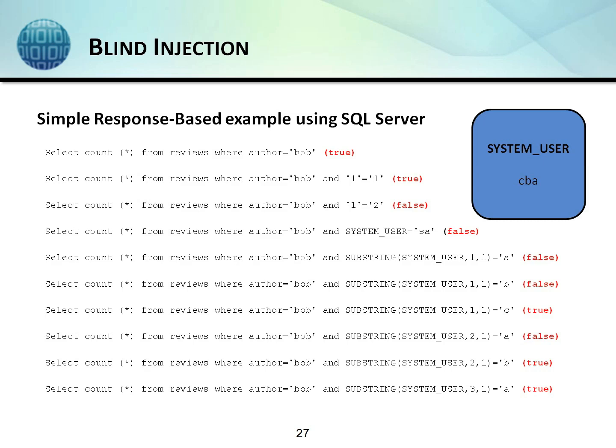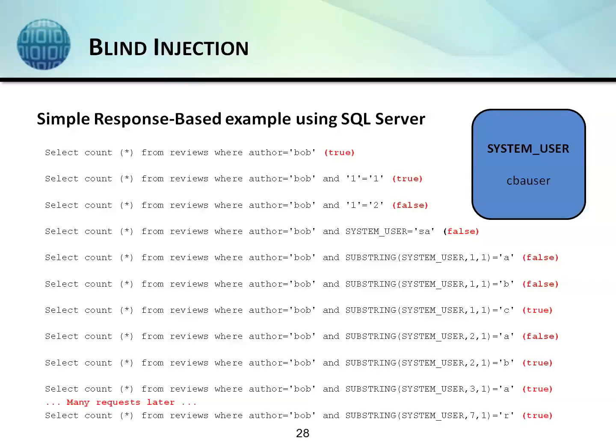Start again on the third character, and so on and so forth, until you've worked through all the characters of system user, and then you've effectively enumerated the name of the database login. So you can use this technique to actually pull data out of the database. I just used a simple example here of enumerating the name of the database login. There are also more efficient ways of extracting or figuring out this information.